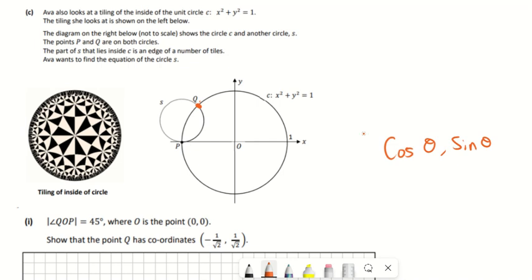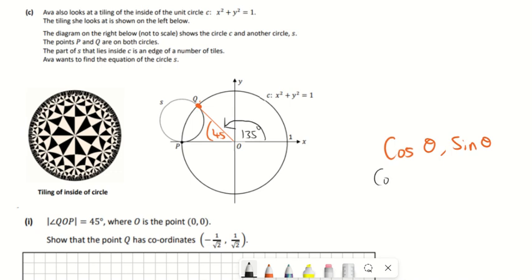Now we know that QOP here is 45 degrees. So all we're going to do is use cos theta and sine theta, but theta will be this angle here because it has to start there. So that would be 135.